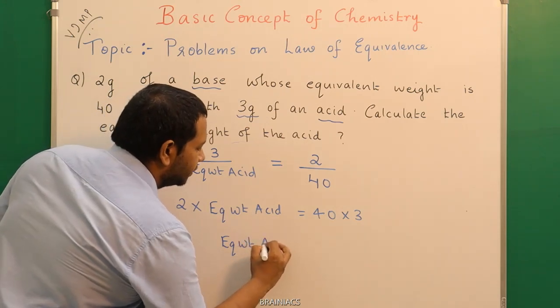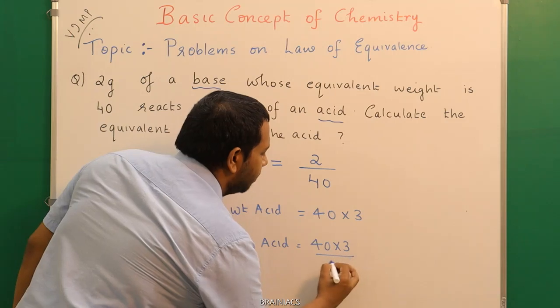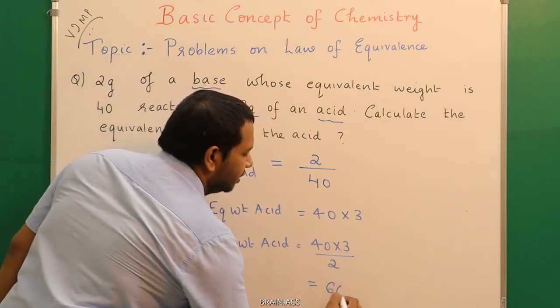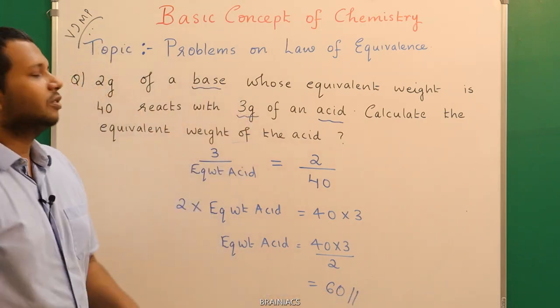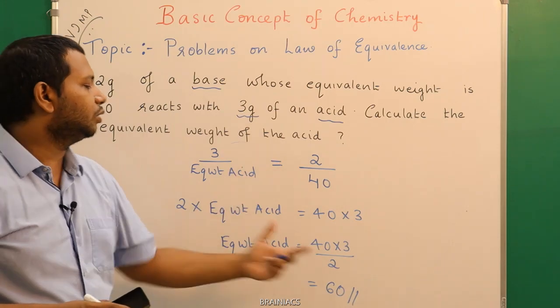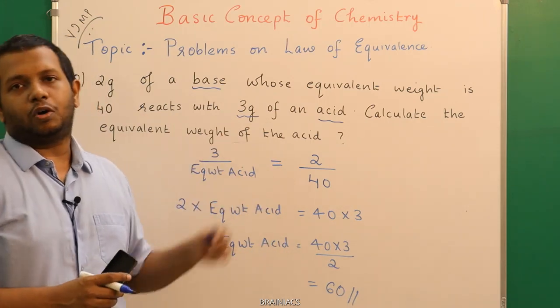So equivalent weight of the acid is equal to 40 into 3 divided by 2. So it will come around to 20 into 3, that is 60. Understood? So you could see from here how powerful the law of chemical equivalence is. Very easy to find out. Okay. So similarly we will do other questions as well. So I hope you understood this problem.